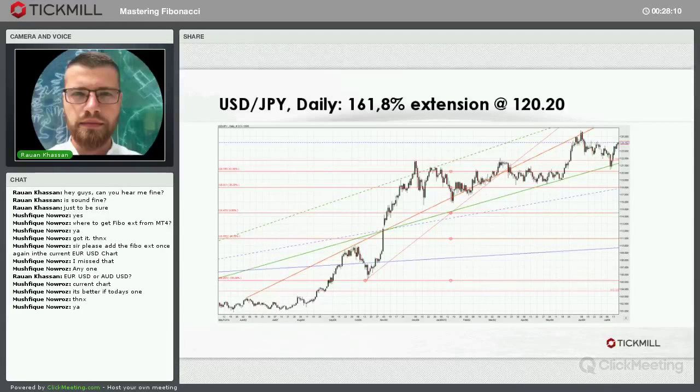So on United States dollar to Japanese yen, we start with long term again. Here it is already selected. So how can we prepare this chart?